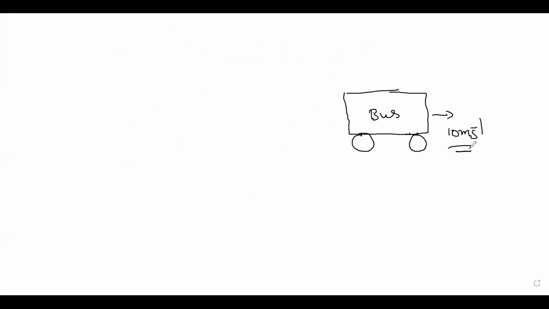The scooterist wishes to overtake this bus, and the distance between the scooterist and the bus is 1 kilometer. So we have to convert into meters, that is about 1,000 meters.